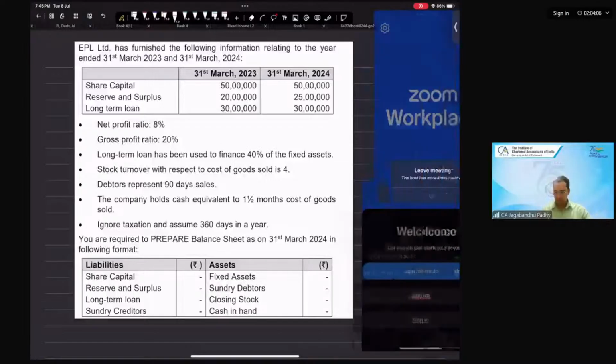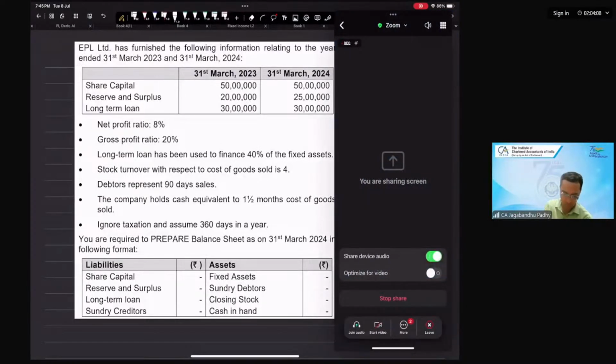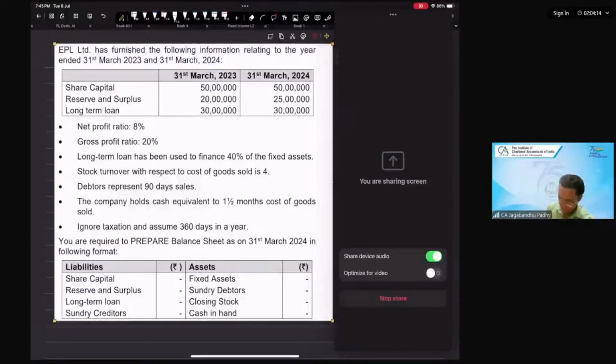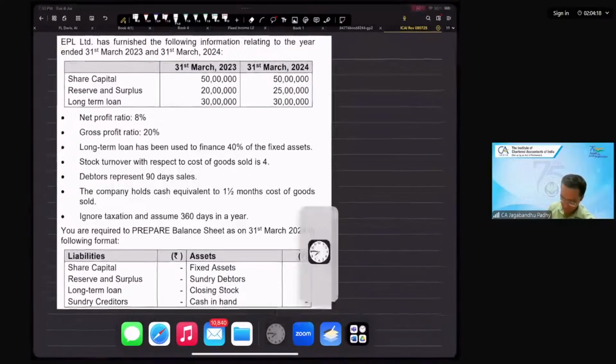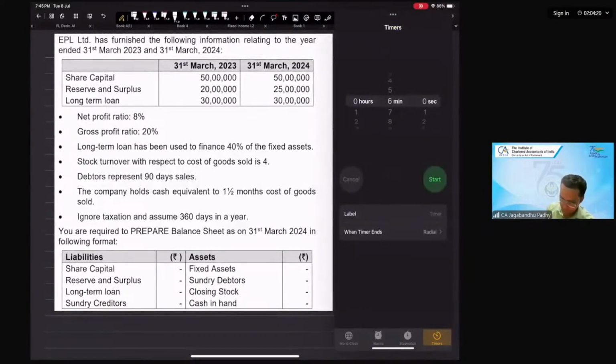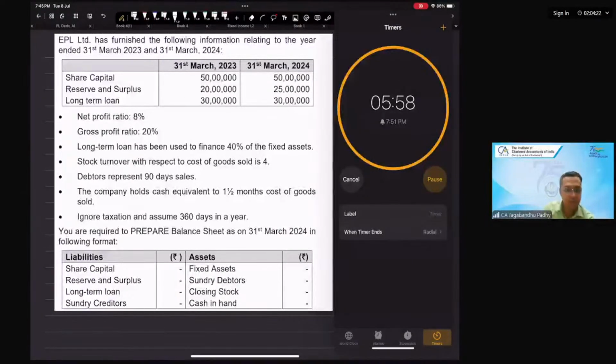Try to solve this, guys. I'll give you 6 minutes for this. Okay. Try it out.